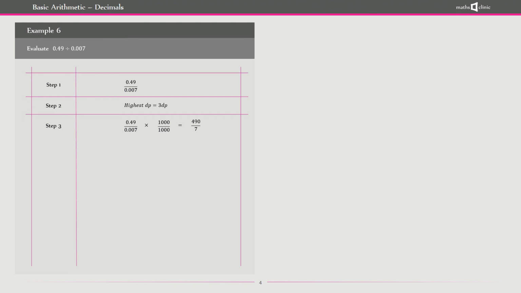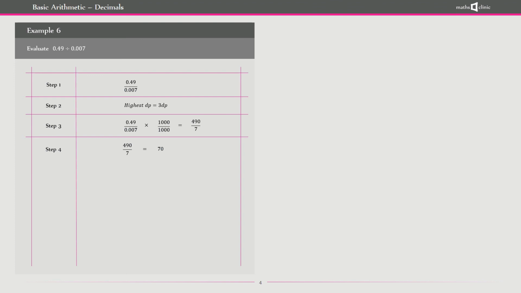So with 0.49 divided by 0.007, you can multiply the numerator by 1,000 and the denominator by 1,000, and the fraction stays the same. Then it's just working that out: 490 divided by 7, and you have an answer of 70.